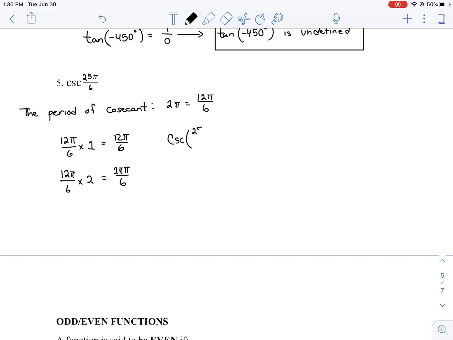So the cosecant of 25 pi sixths is equal to the following.